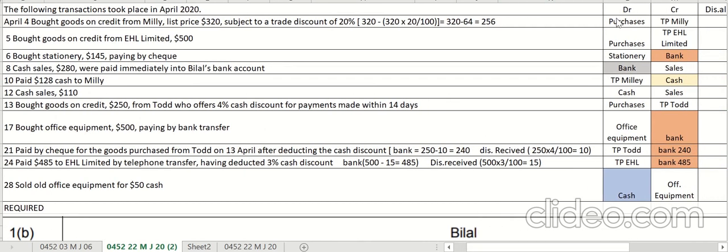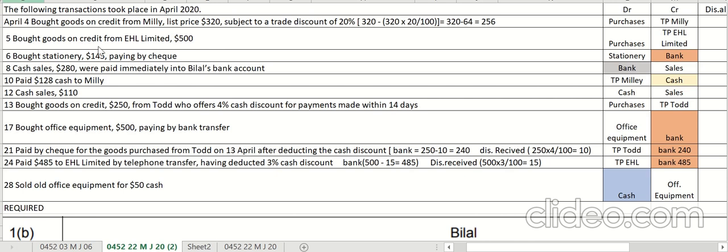Therefore, debit purchases account worth 256, since there is a trade discount of 20%. So 320 take away 20% of 320, which is 320 take away 64, gives 256. Therefore, purchases debit and TP Millie credit. There is no impact in the cash book.